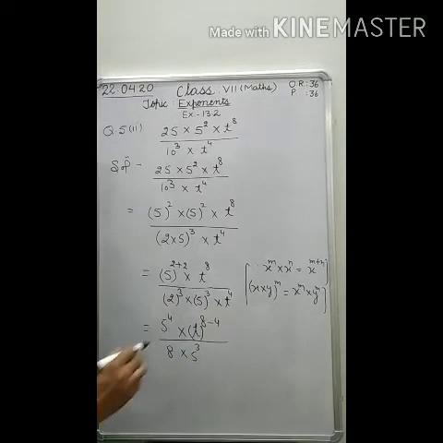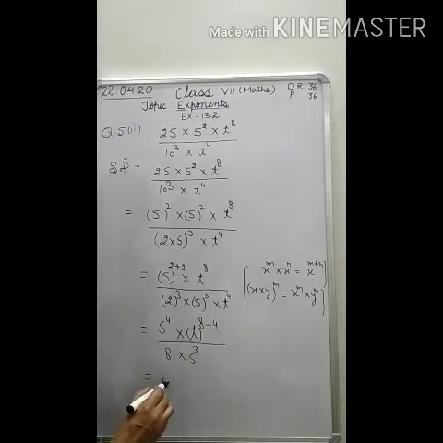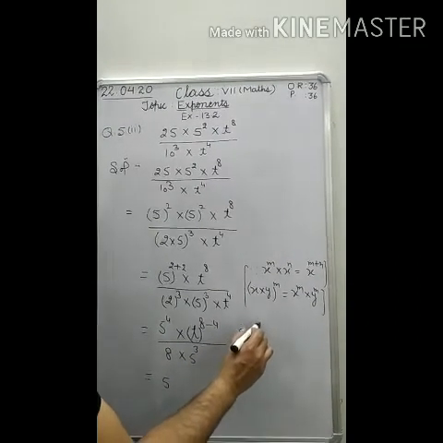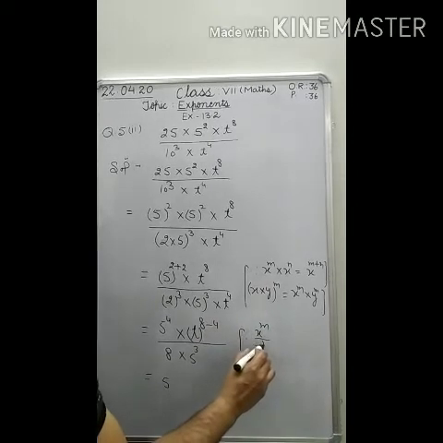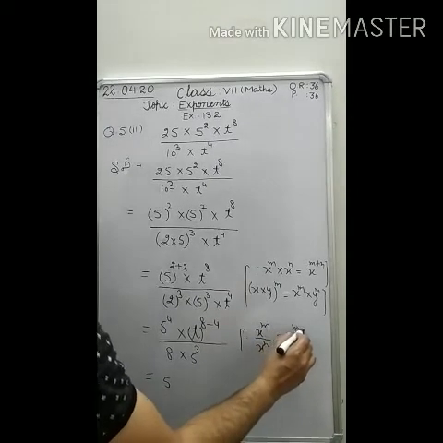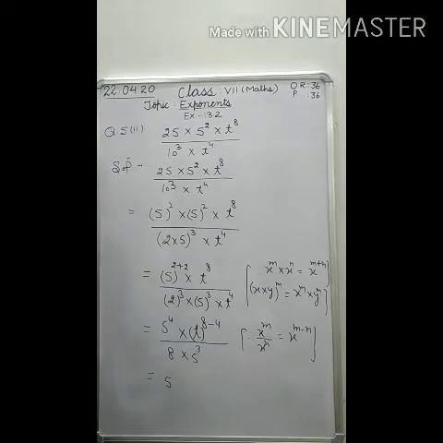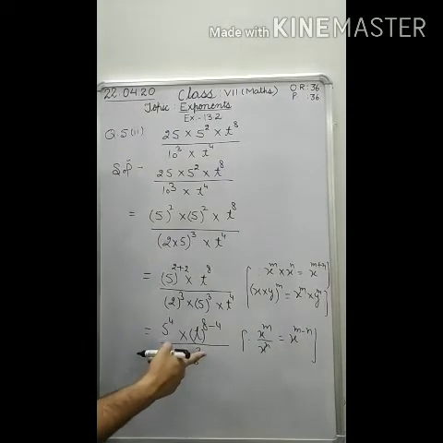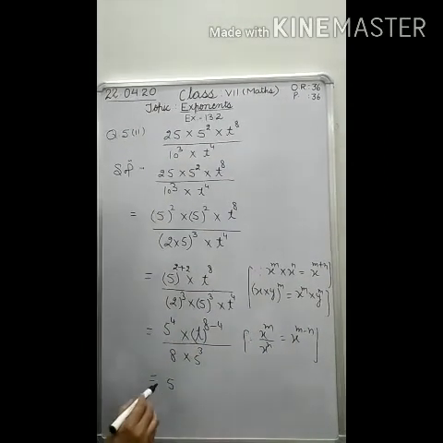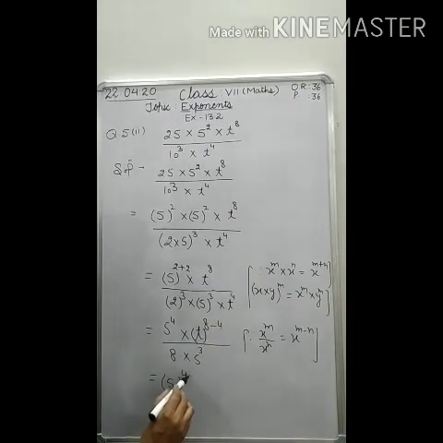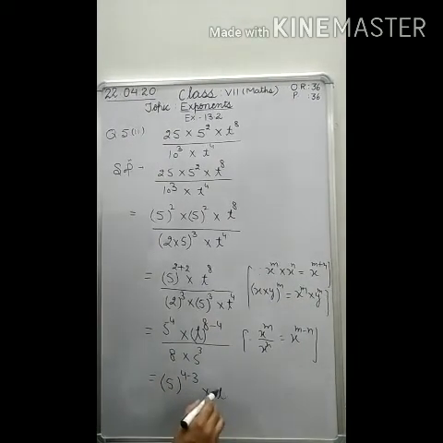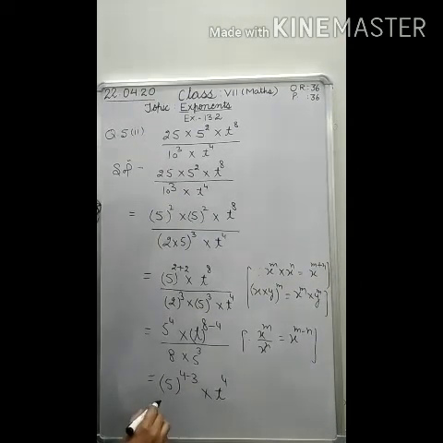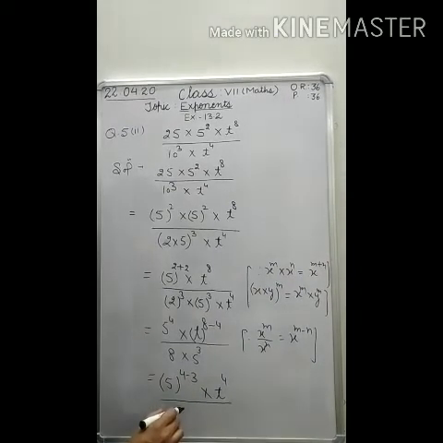So when you solve, you can mention the identity here also, because x raised to the power m upon x raised to the power n is equal to x raised to the power m minus n. Now solve it further. It will become 5 raised to the power 4 upon 5 raised to the power 3. When you solve it, it will become 5 raised to the power 4 minus 3 into t raised to the power how much? 8 minus 4, that will be 4, upon 8.